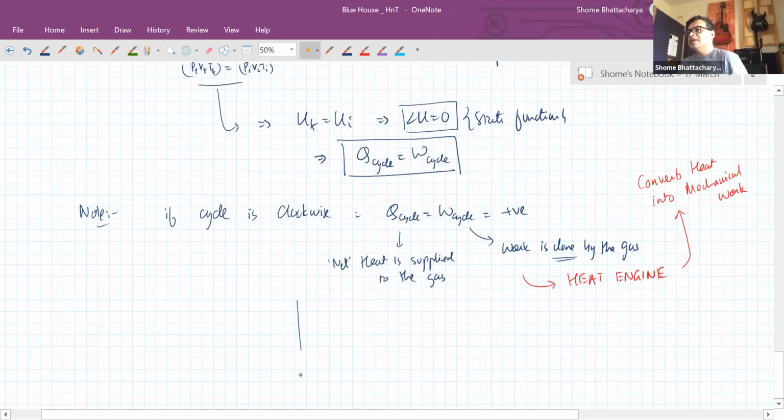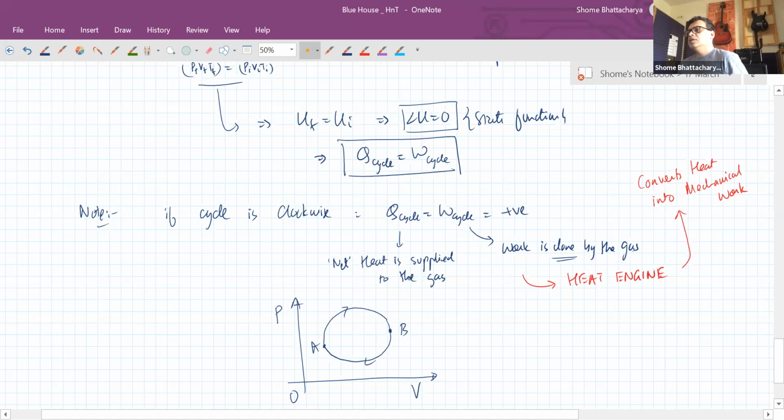So if we have a clockwise cycle, but mind you, a clockwise PV cycle, so P should be the y-axis and V should be the x-axis. Okay. So if we have a clockwise cycle, we can divide the cycle into two half cycles.